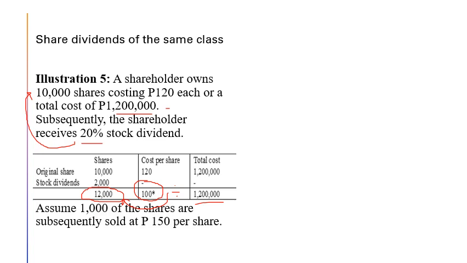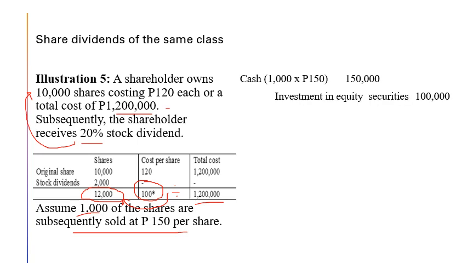So assume that 1,000 of the shares are subsequently sold at 150 pesos per share. So out of the 12,000, yung 1,000 binenta. Okay? So how do we record that? First, we record the proceeds. That's 1,000 shares times 150, that's 150,000. And you credit investment in equity securities kasi binenta na. So how do we value this one?